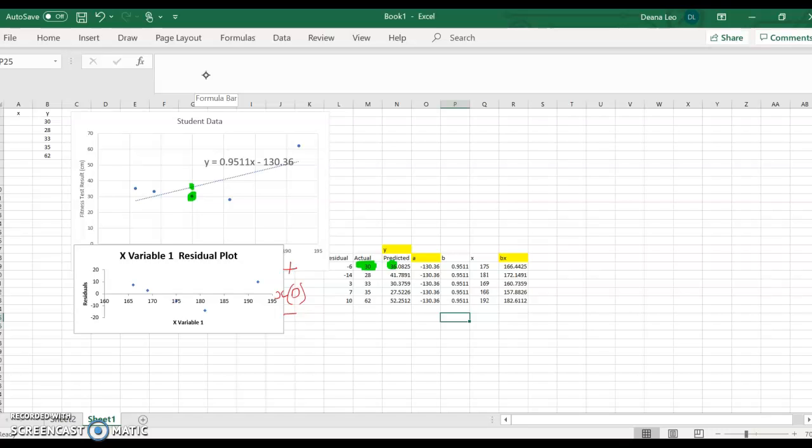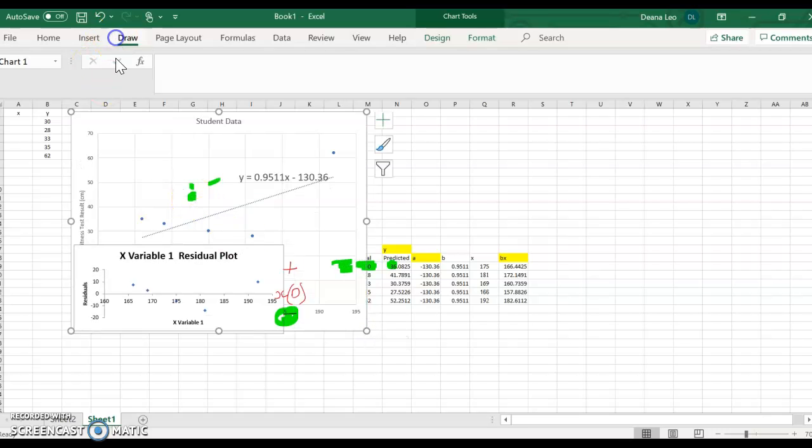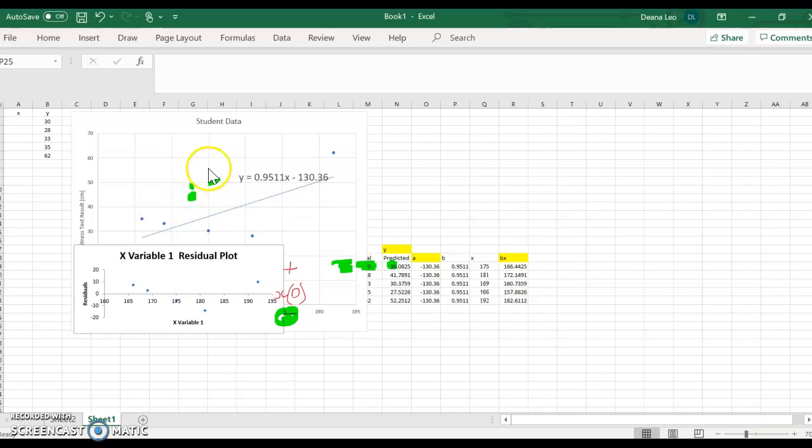So what it's saying is that the residual between the actual and the predicted is a negative, because remember these ones down here are negatives and this one is below the line, so it's negative. And the difference, if I could make that graph a bit bigger, okay, the difference between the two would be 6.